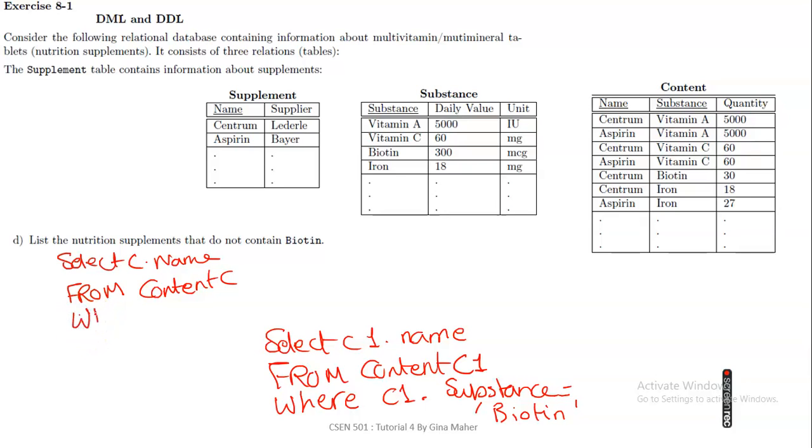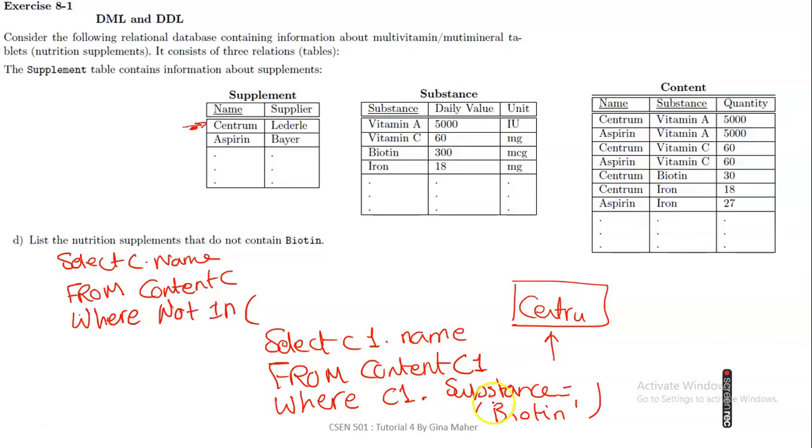If we write where not in, what happens here? Actually, we check that the name of each row is not in the names in this query. Let's take an example and see what this relation will get. It will get as an output a row.